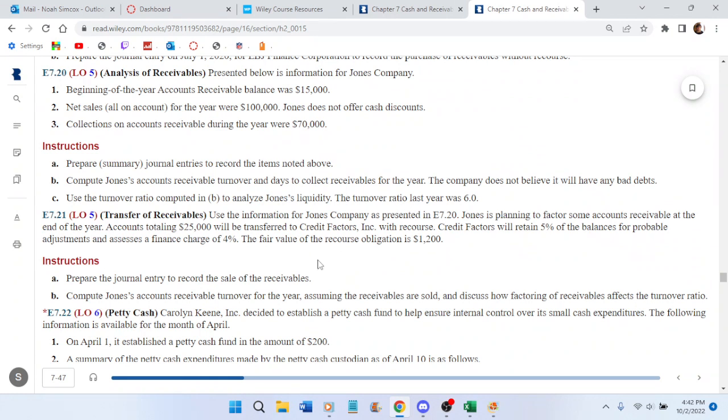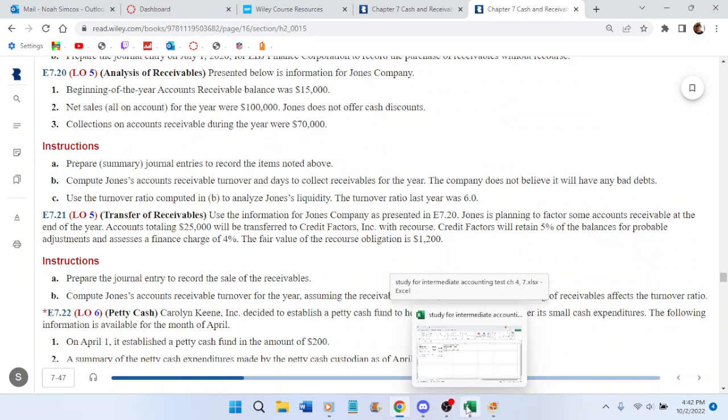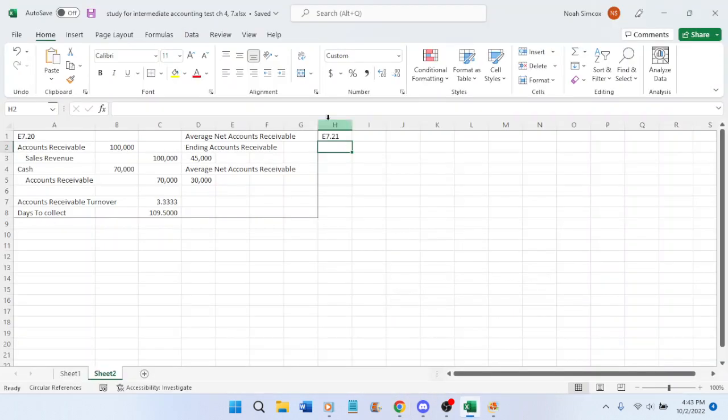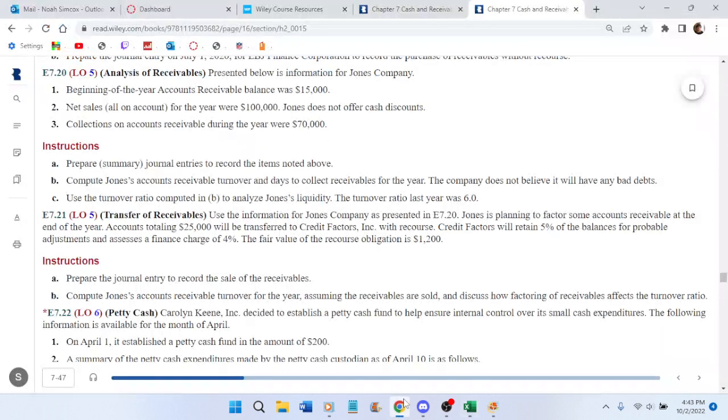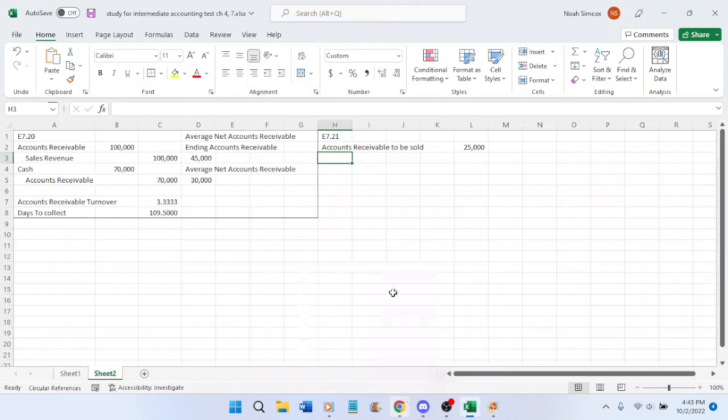So, accounts receivable to be sold is $25,000. Due from factor equals 0.05 times this.